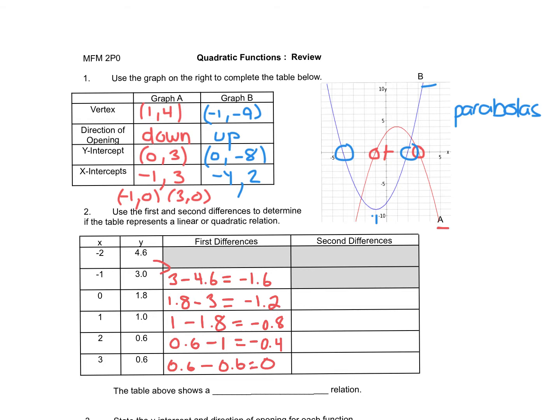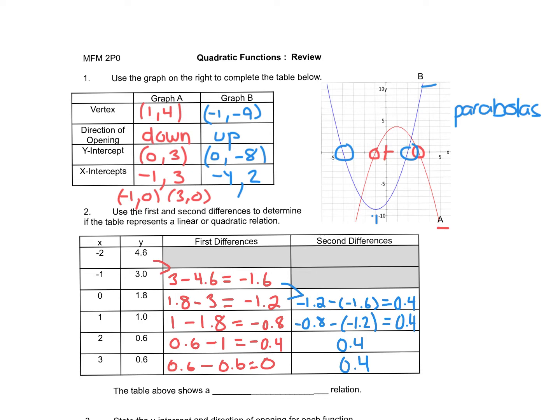Then we move to the second differences, and we see if there's a constant there. It's -1.2 subtract -1.6. That actually becomes addition, so we get 0.4. -0.8 subtract -1.2, we get 0.4. If we keep working through this math, we keep getting 0.4 here.